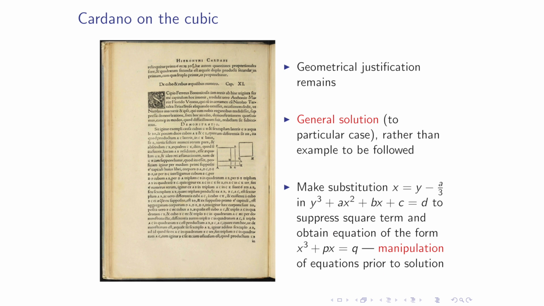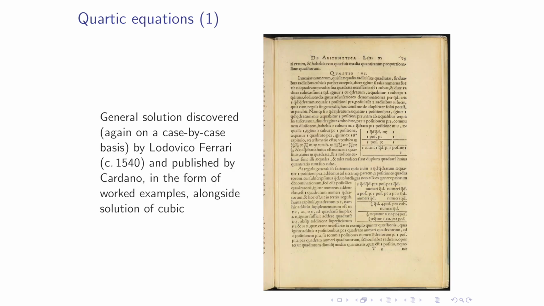So the Ars Magna doesn't just go up to cubics, it goes up to quartics, and this is where Cardano's student Ferrari has quite a lot of input. So he finds a general solution for at least some of the cases of a quartic, mostly here in the form of worked examples, though. Of course, once you move into the case of quartics, you've lost any hope of geometrical interpretation.